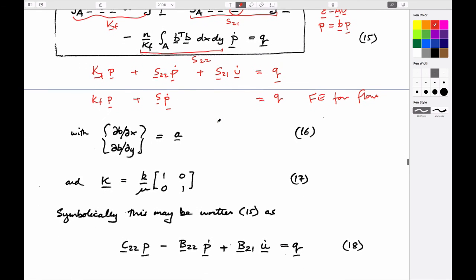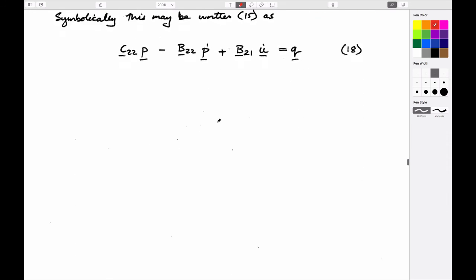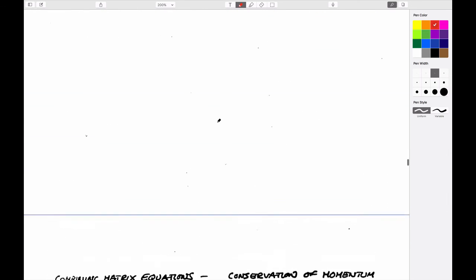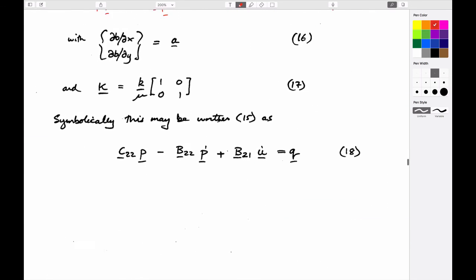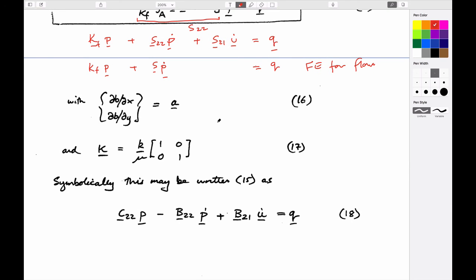So that's it. So those are the two expressions. So this expression here is just this.